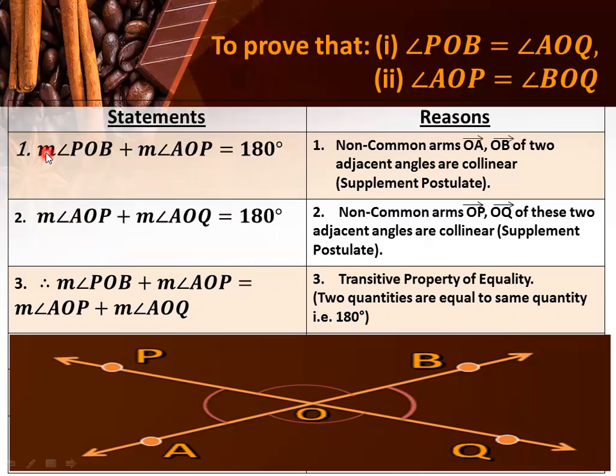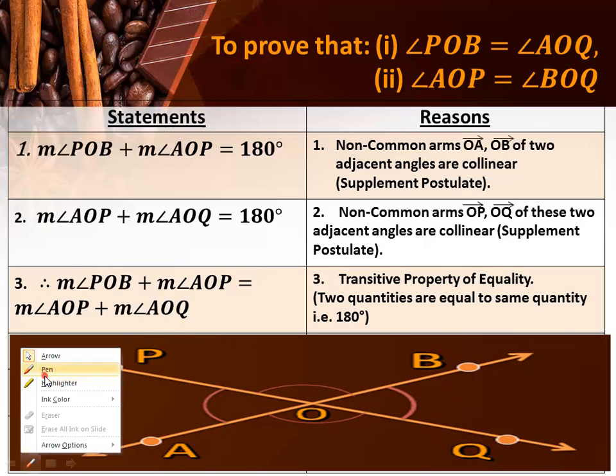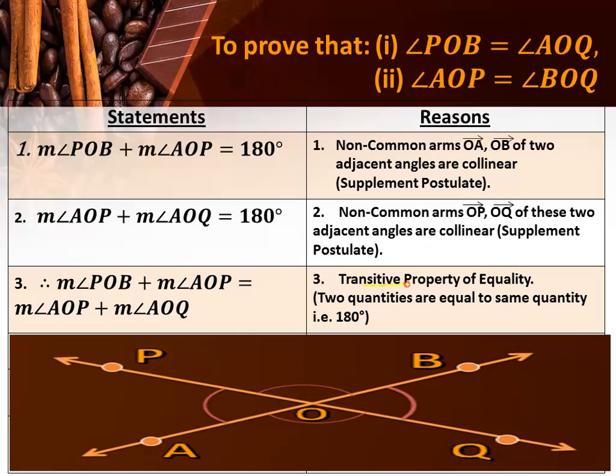So you will see that the measurement of these two angles and the measurement of these two angles are basically equal. So simply, in the third postulate, you will write down the first statement and then the second statement and then say that this is equal. And the reason you provide here is the transitive property of equality.